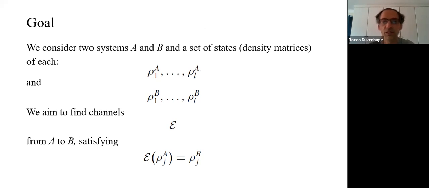And I look at density matrices of each, so rho 1 up to rho L of system A, and similarly for system B. And the aim is to find a channel from A to B that satisfies this restriction. So you want to map the first state to the first of the second system, etc.